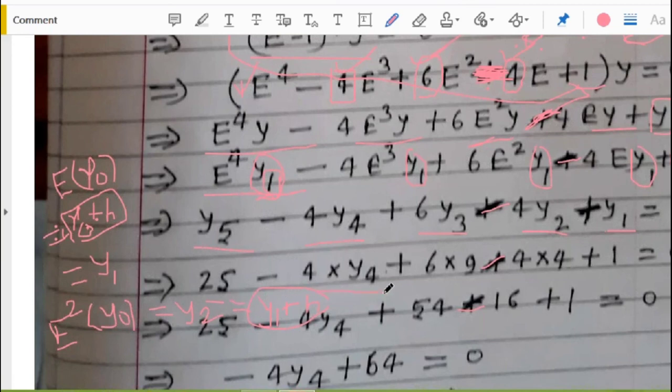Y4 is how much? It is missing value. Remember, this is missing value. This we have to compute.